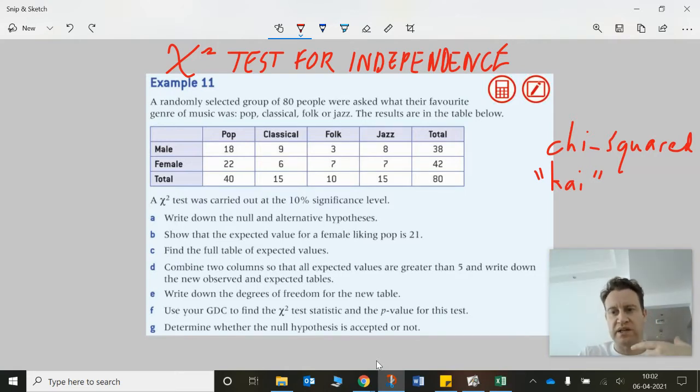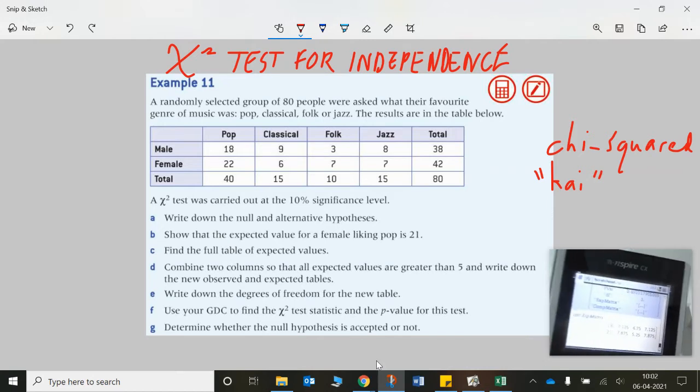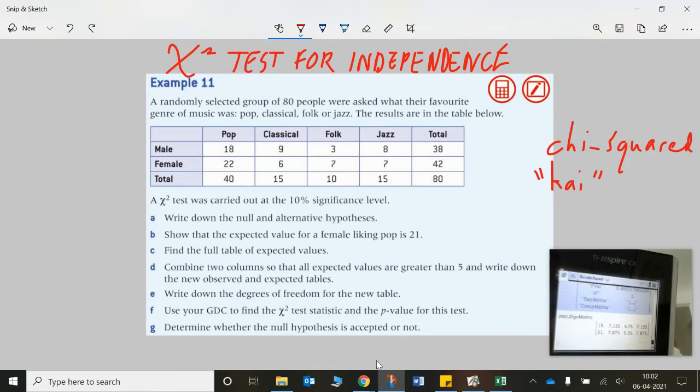It will do the expected matrix given that I've inputted my matrix into the calculator, so it's based on the last matrix. So let's press enter on that one. And you can see it just says stat expected matrix. Potentially there's a way of putting in A, I don't know, but if you've already put in A, it will make the expected matrix here. So there we go. We've got it.